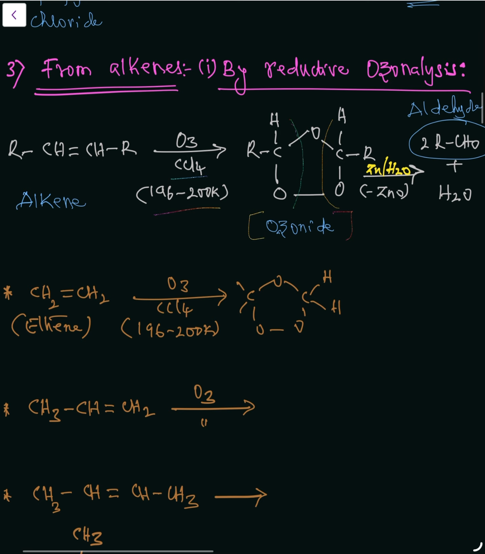Hydrogen, hydrogen, hydrogen, hydrogen. So this compound will cleave like this. Because of this, we'll get 2 moles of formaldehyde plus H2O. This decomposition takes place in the presence of Zn and H2O as it is.